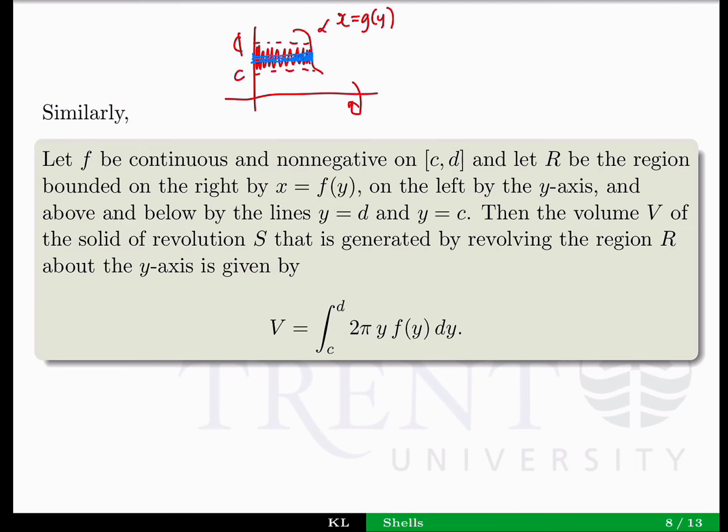So, again, let me just have a quick summary here. Disc, washer: you will know the axis of revolution is perpendicular to the strips.